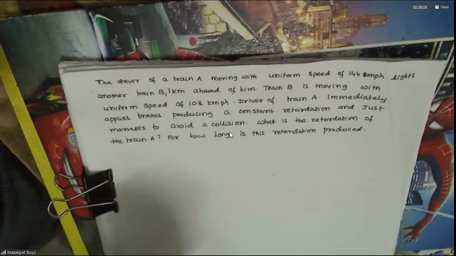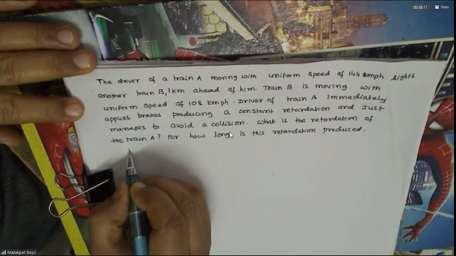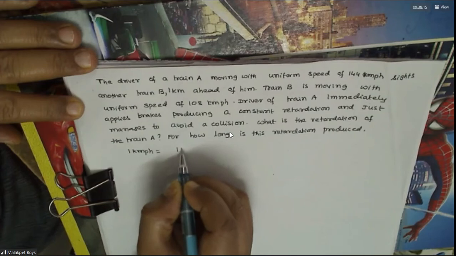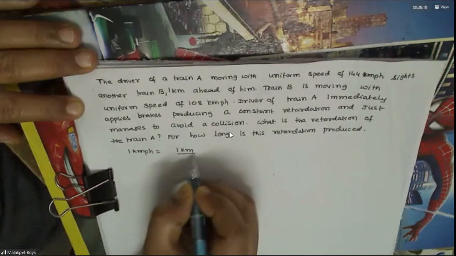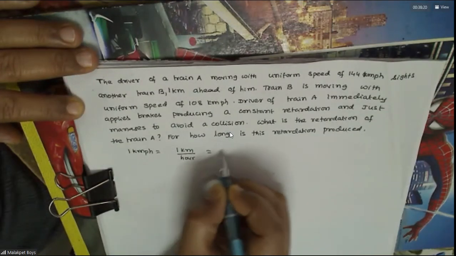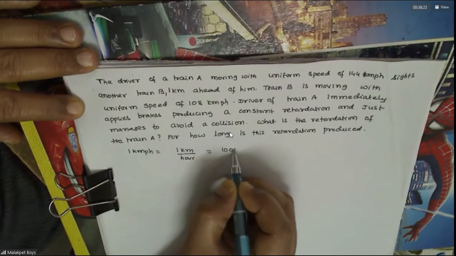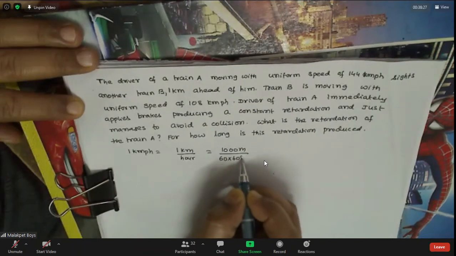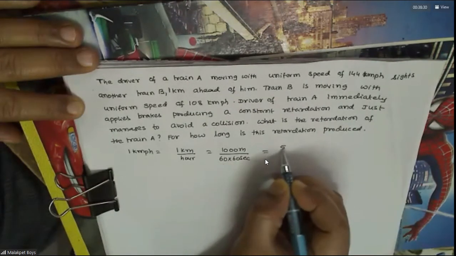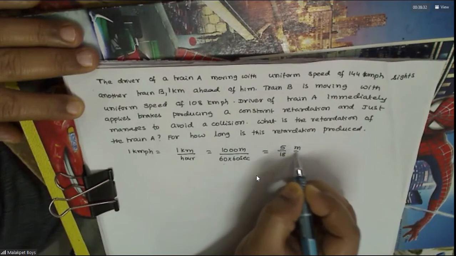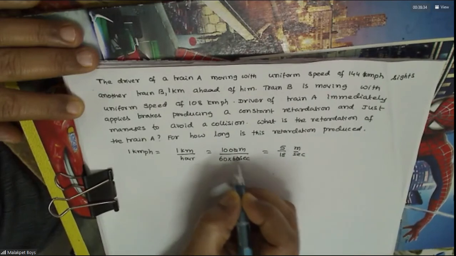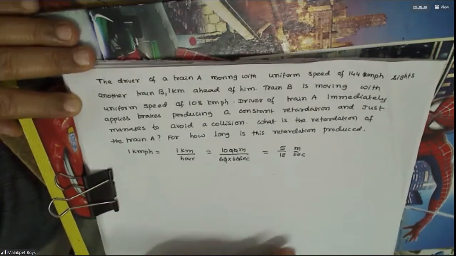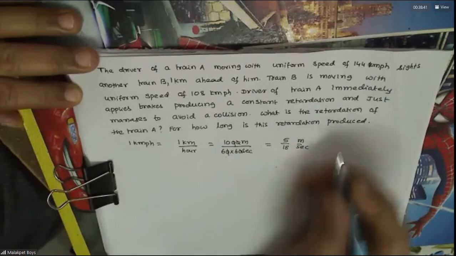See here, you know how to convert kmph now? Yes, sir. See, 1 kilometer per hour means 1000 meters by 60 into 60 seconds, that is 1 into 5 by 18 meter per second. So after conversion, now convert that.